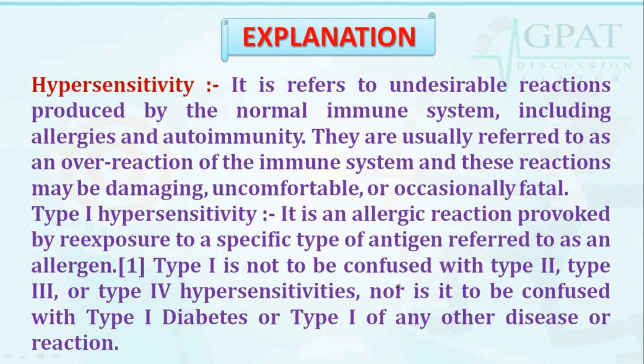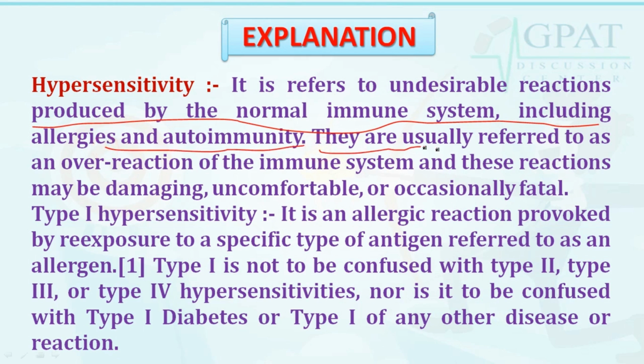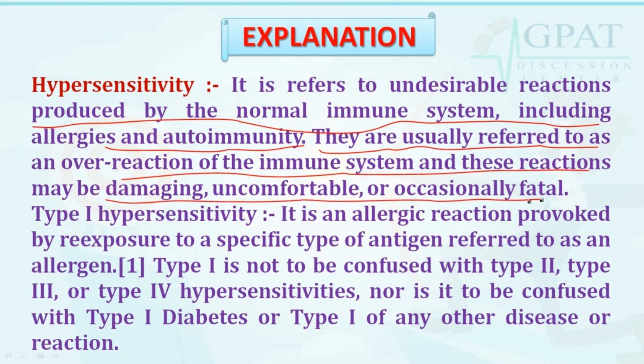So what is the hypersensitivity reaction and what is the use of IgE? Hypersensitivity refers to undesirable reactions produced by the normal immune system, including allergies and autoimmunity. They are usually referred to as an overreaction of the immune system, and these reactions may be damaging, uncomfortable or occasionally fatal.